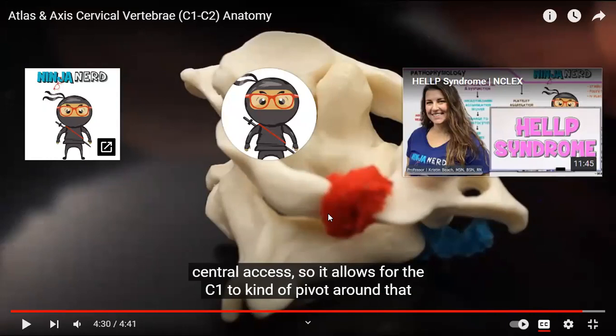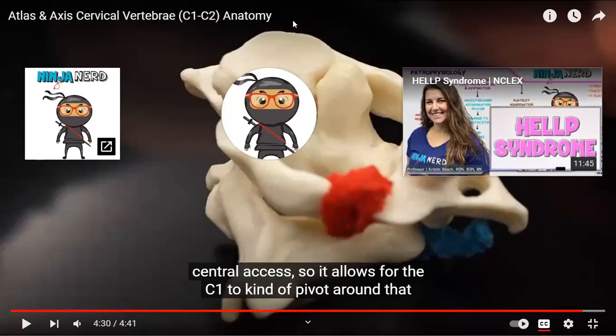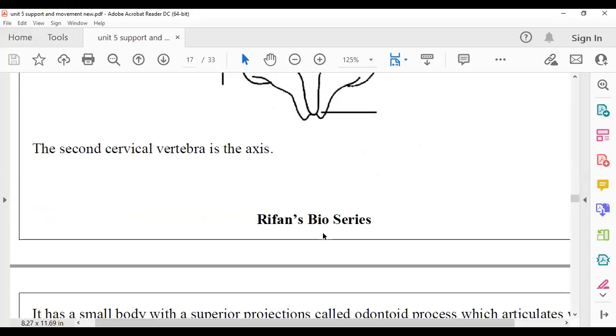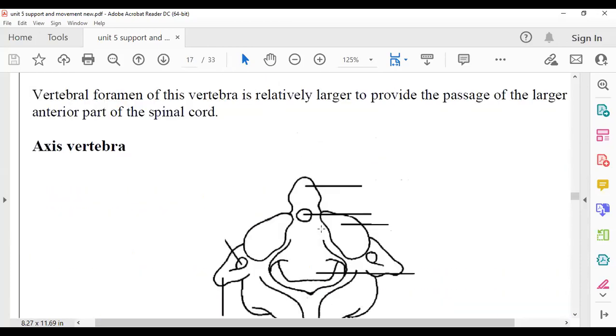Understood? Yes, sir. So side to side movement is done in that manner.